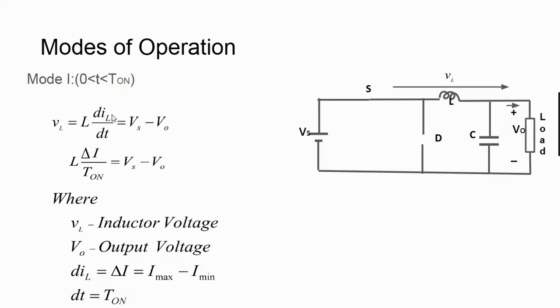This dIL can be written as del I divided by T on, because the inductor current rises from a minimum value to a maximum value during the on period. So dt equals T on, and dIL is del I, which equals I max minus I min. So L del I by T on equals Vs minus V0.